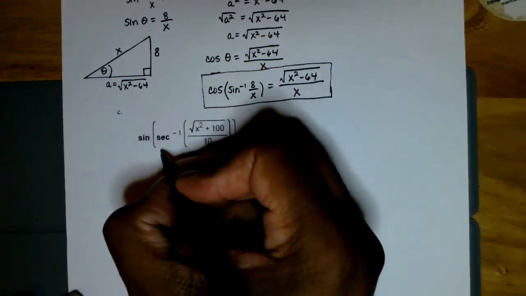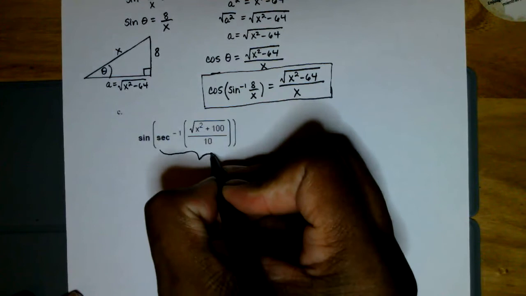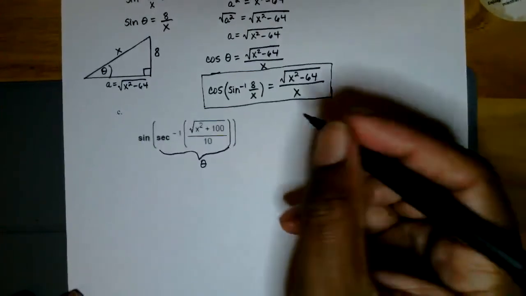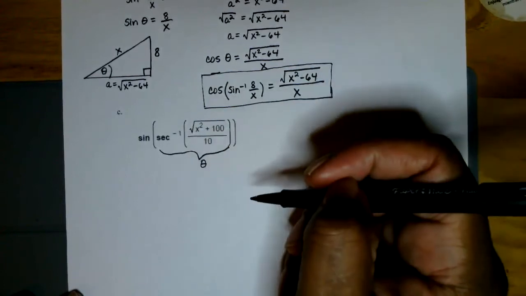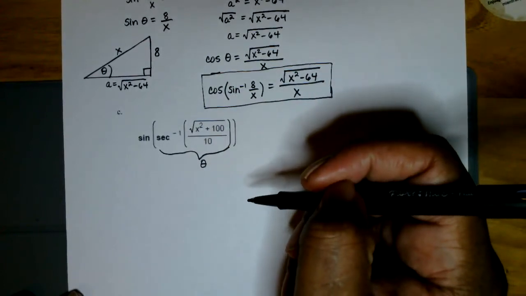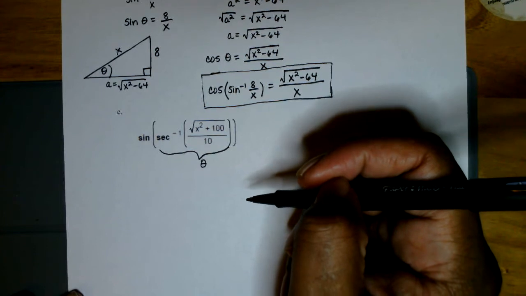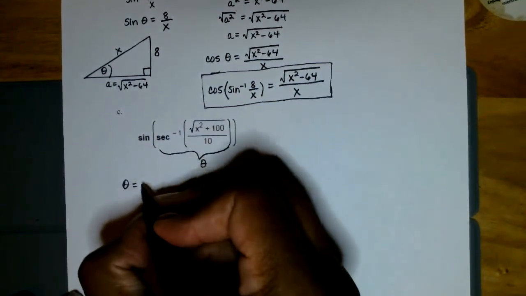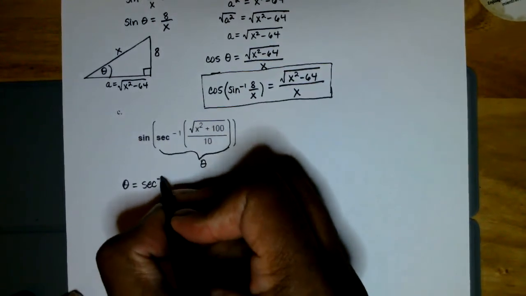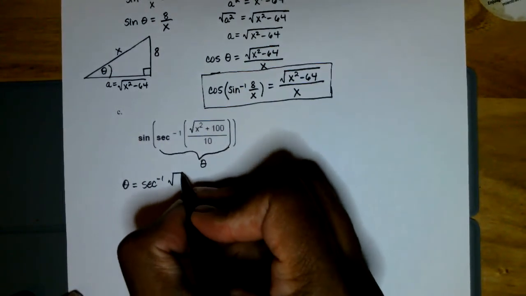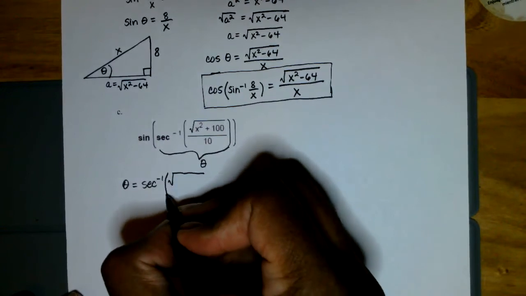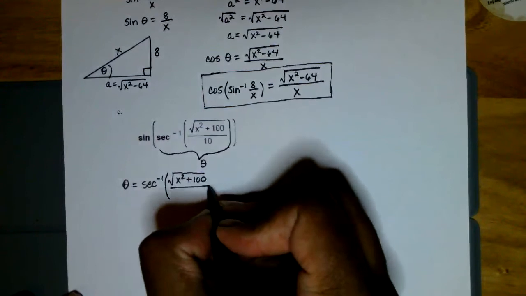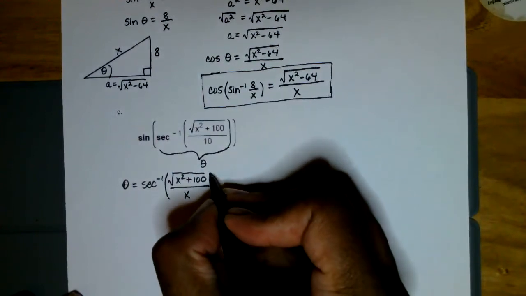All right, so I'm going to take all of this that's inside the parentheses, set that equal to theta. And all of that I'm talking about would be the inverse secant of the square root of x squared plus 100 divided by 10. So I'm letting theta equal the inverse secant of the square root of x squared plus 100 divided by x.